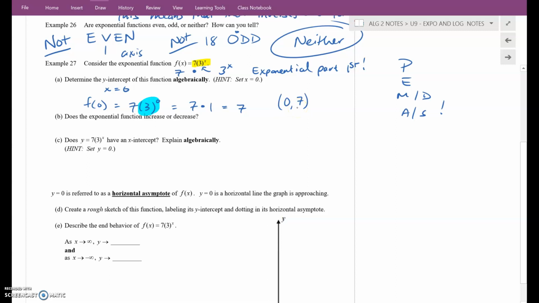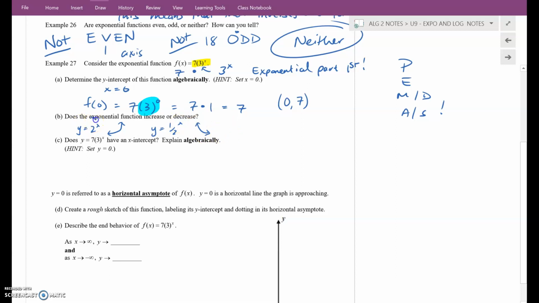Does the exponential function increase or decrease? Well, just like you saw on the previous page, remember y equals 2 to the x took off like a rocket like this, and y equals 1/2 to the x like this.